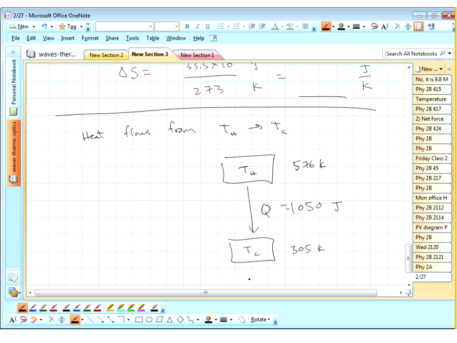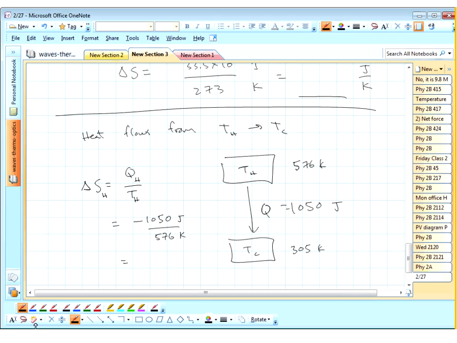So heat's flowing from the hot place to the cold place, and we want to say, well, the change in entropy of the hot place is going to be Q over T, and Q is negative because it's coming out, and T is 576.